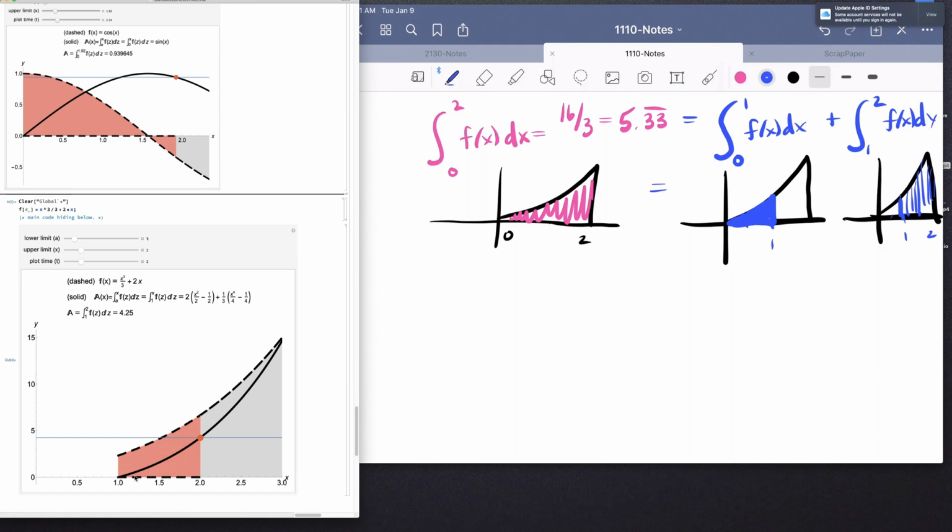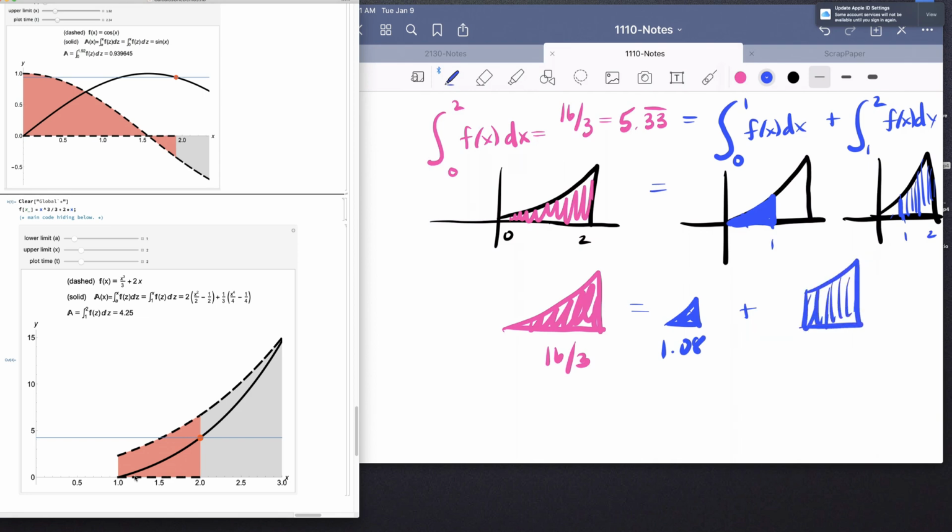If we put these two regions together, the whole area, which was 16 over 3, was equal to the area of the little bit at the front, which was 1.08 whatever, plus the part at the end which had an area of 4.25.